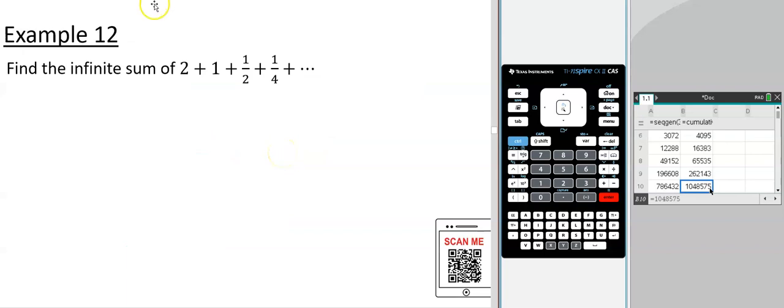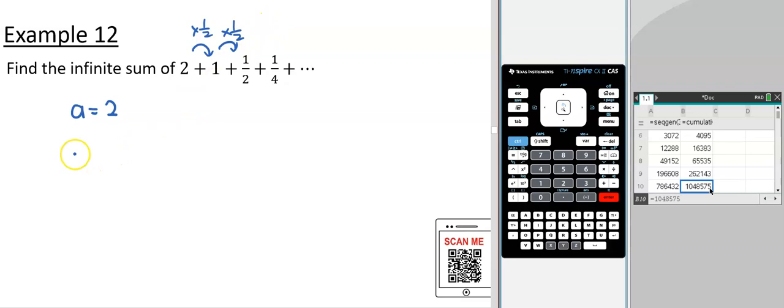Find the infinite sum of 2 plus 1 plus half plus 1 over 4. First, you need to find A, which is 2. How do you get 1 over here? You times 1 over 2, and this one you times 1 over 2. So that is the pattern.